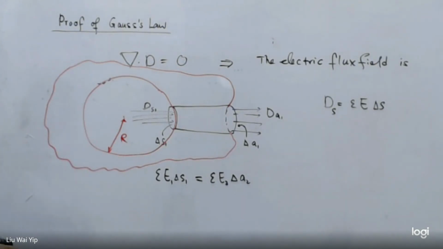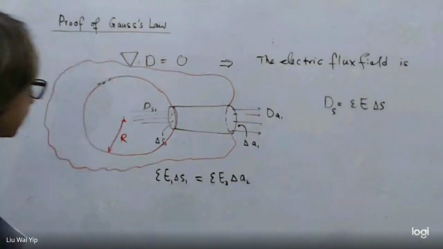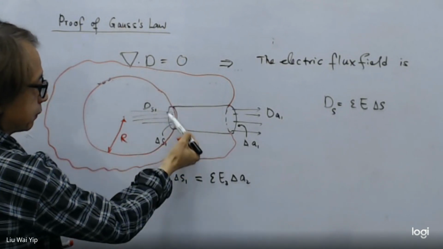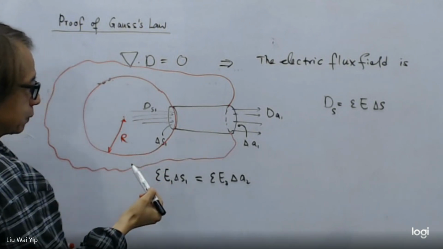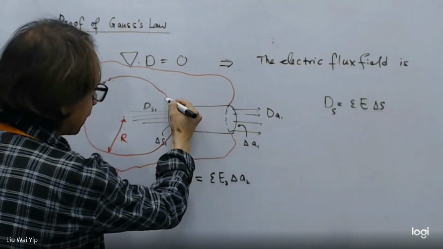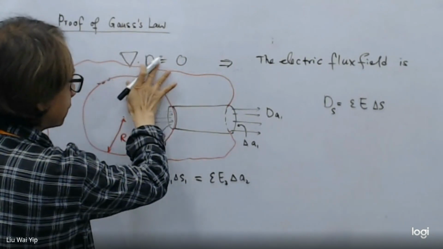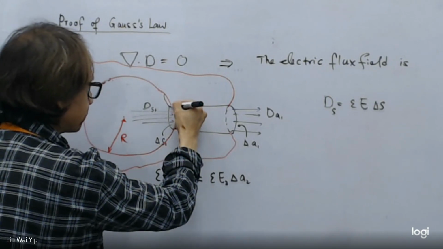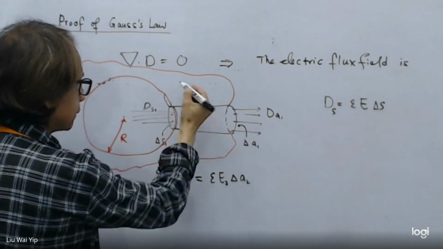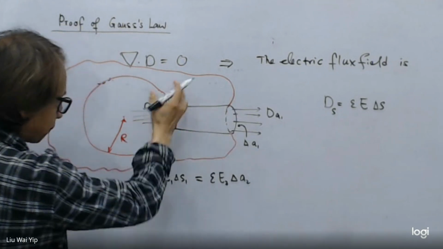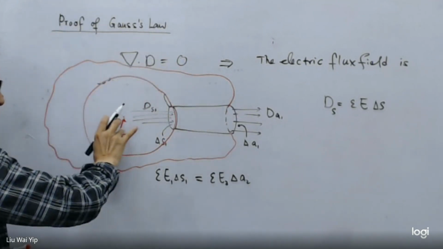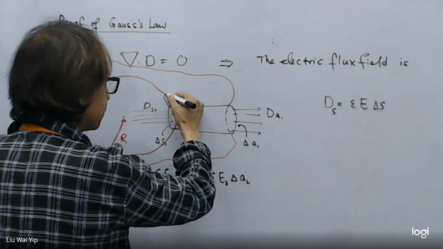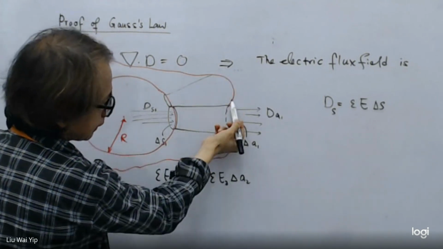So under this condition, if we can apply divergence of D over this little portion, we can equally apply divergence of D being equal to 0 to other areas of the same sphere. So in other words, if you can apply it to this portion of the sphere, you can equally apply it to the other portion.